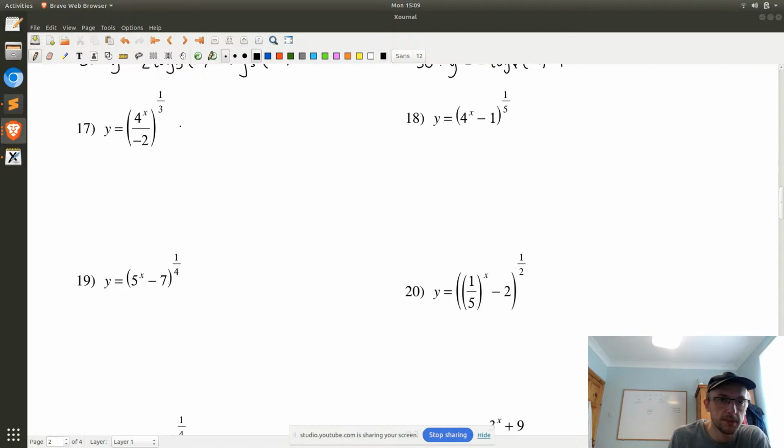Do not stop. Okay. So I'm going to start out by cubing both sides to get rid of this 1/3 power there. So y cubed is 4 to the x, all divided by negative 2. And now negative 2 of y cubed is equal to 4 to the x.